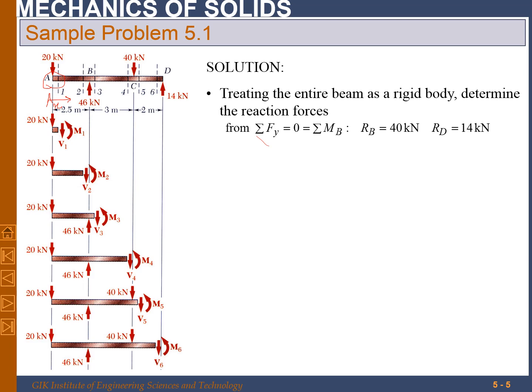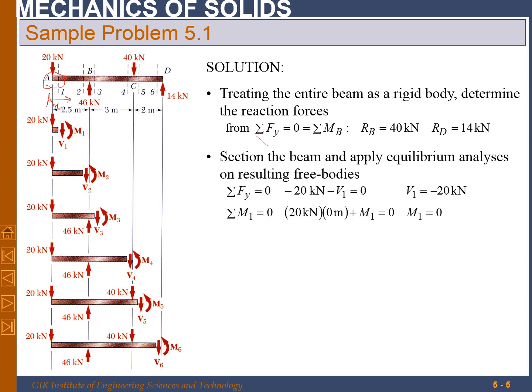So if you look at this, V1 plus 20 kilonewton will be equal to 0, and V1 will be minus 20 kilonewton. And moment M1 at A will be 0. If we write the expression, the sum of forces in the y direction is equal to 0, so 20 kilonewton plus V1.